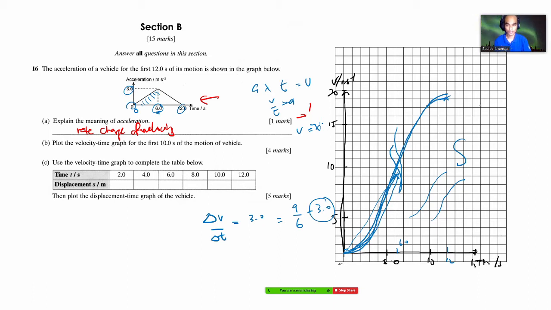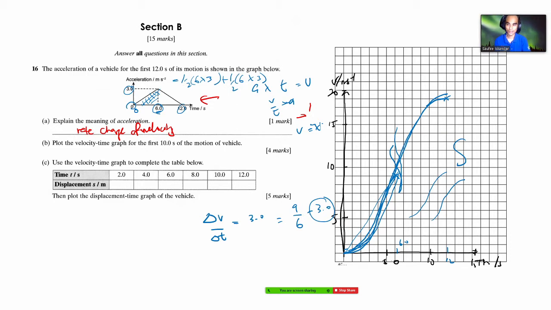So how to tell you? At 12, the total velocity is 18. Let's see if I can calculate. This one is half times 6 times 3, plus half times 6 times 3.